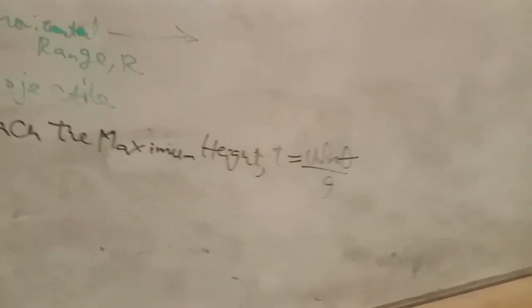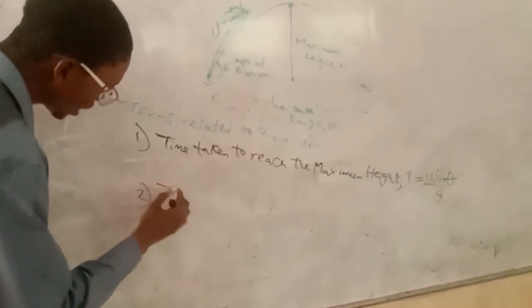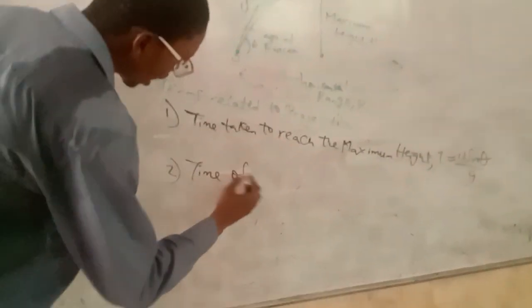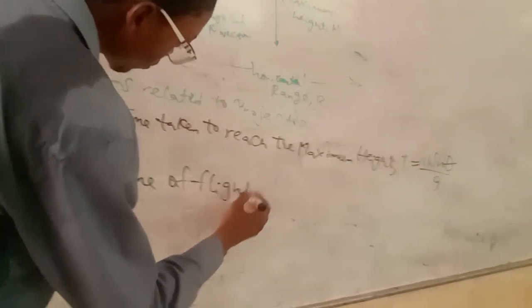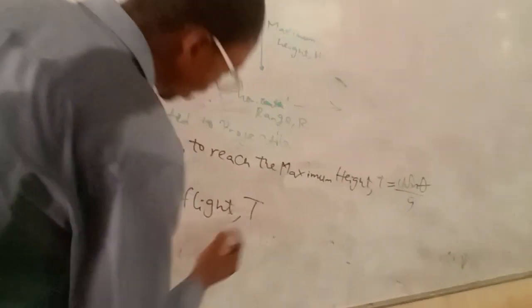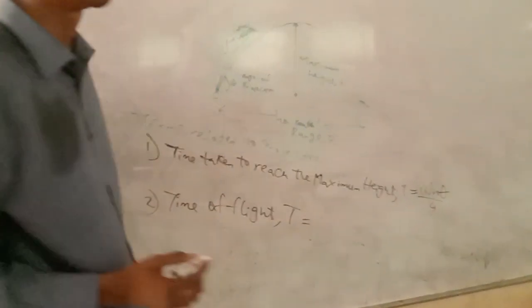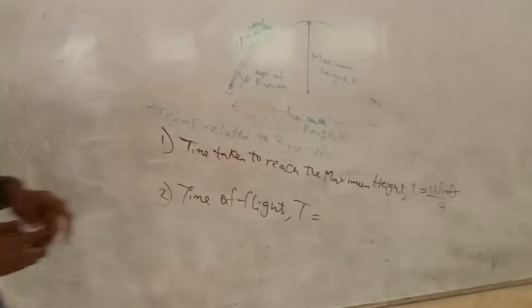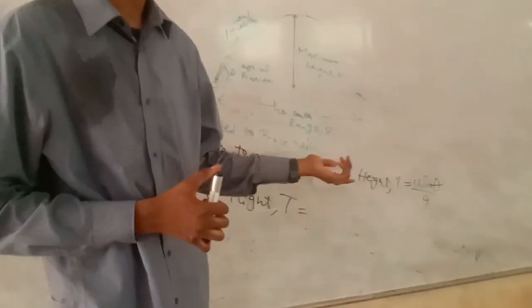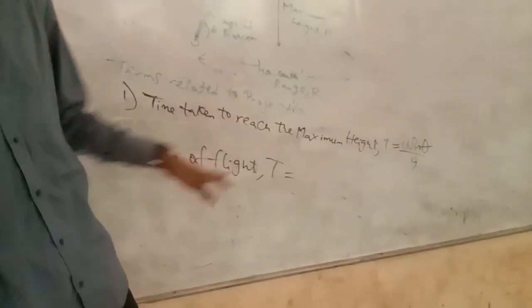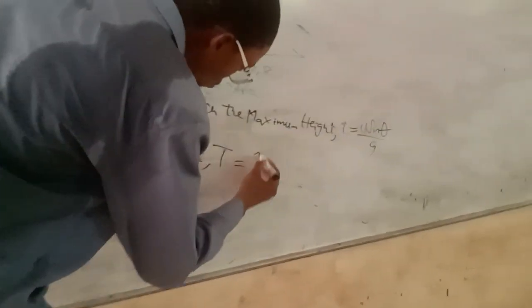Now, another term relating to projectile, which they can ask you to find, is the time of flight, which is capital T. When you multiply 2 by the time taken to reach the maximum height, you have your time of flight.